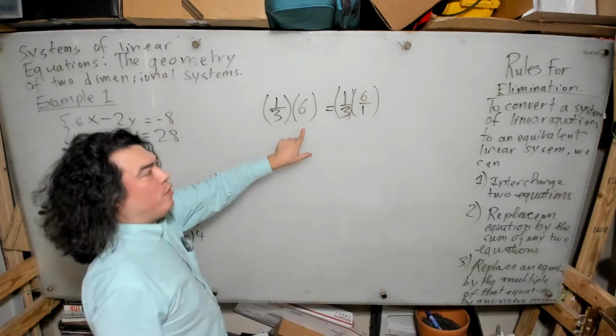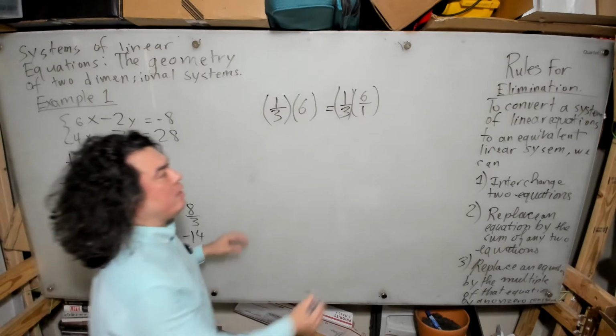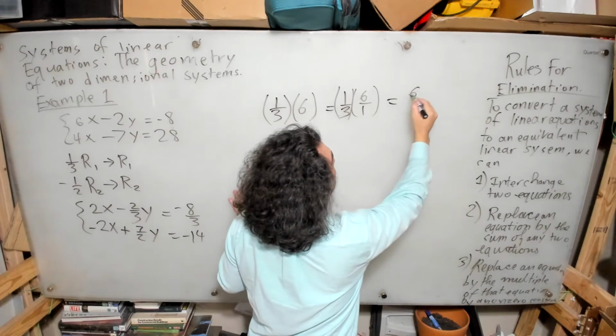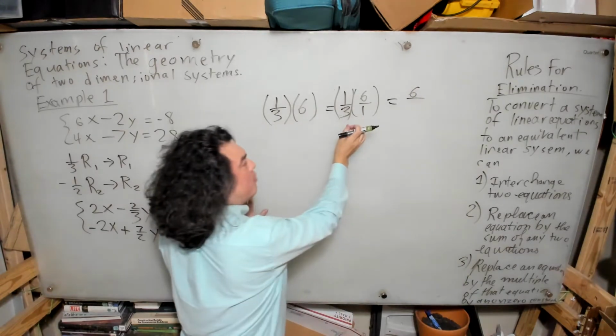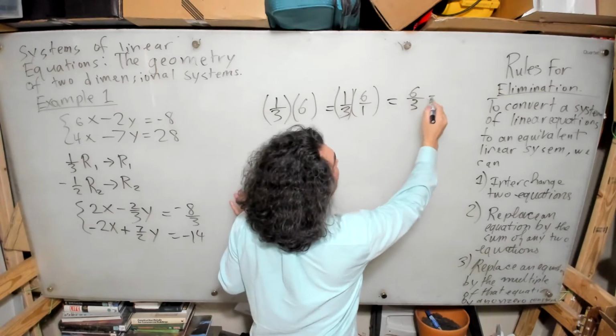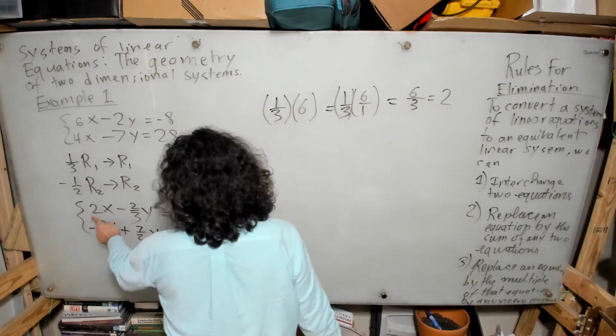Now we have two fractions, and we can get the product by taking the fraction whose numerator is the product of the numerators, in this case 6 times 1, which is 6, and whose denominator is the product of the denominators, in this case 3 times 1, so that's 3. Of course, 6 divided by 3 is 2, right? So that's how I got that 2.